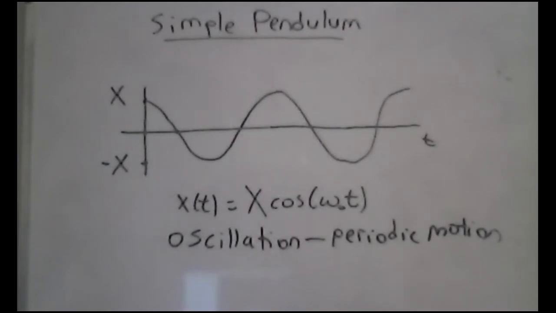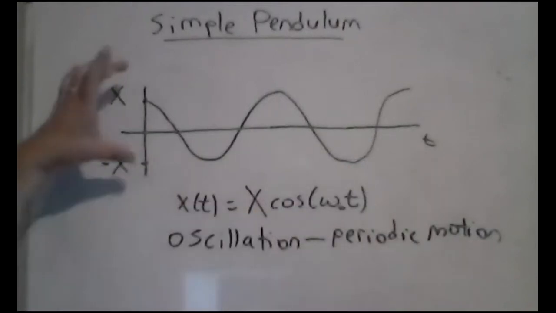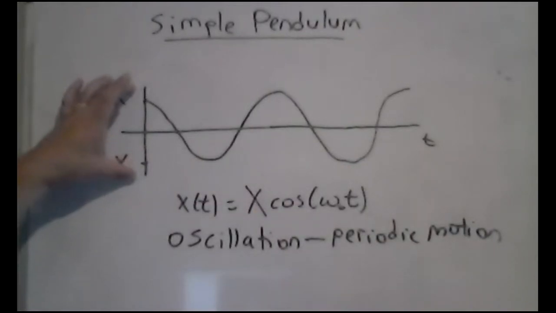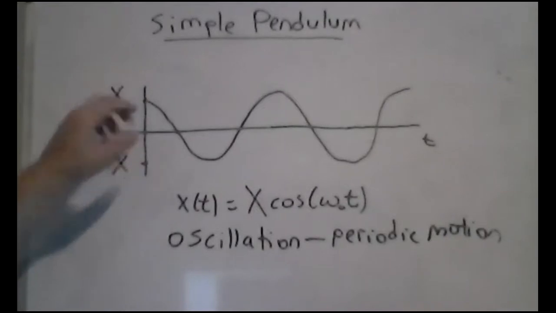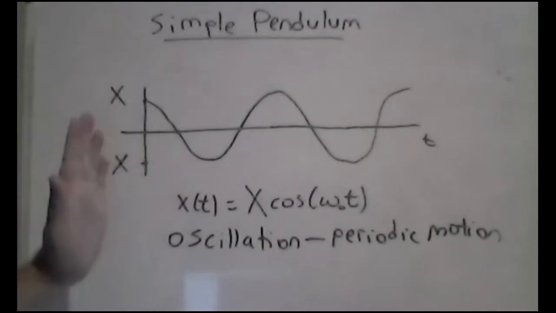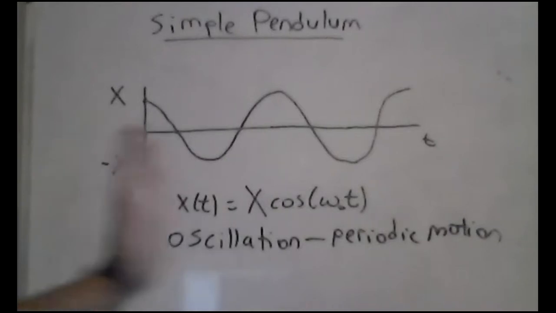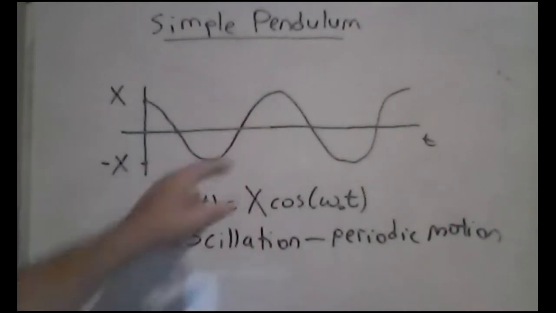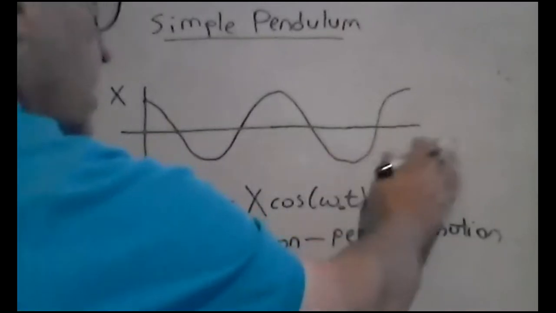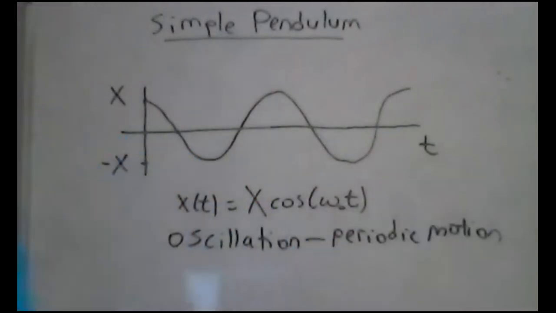But what is this mapping? This is one dimension. This is amplitude, or basically displacement from the equilibrium, in one direction or the other, and this is time, a t. Look, it's a cosine wave.